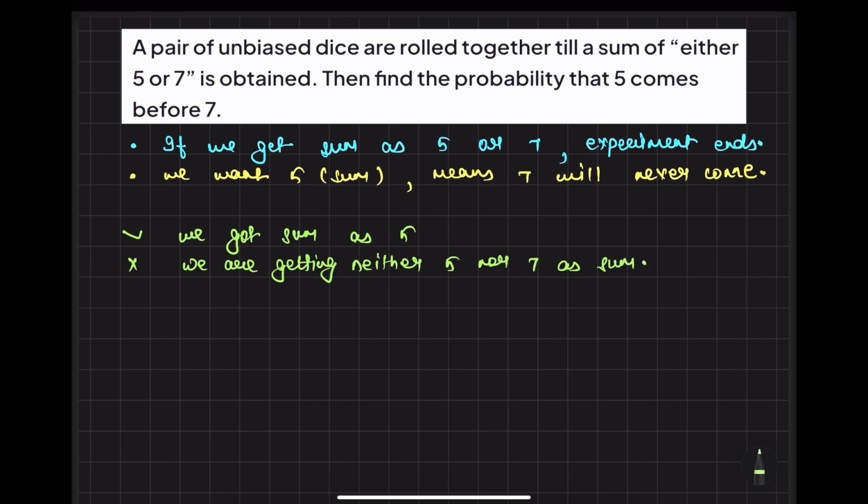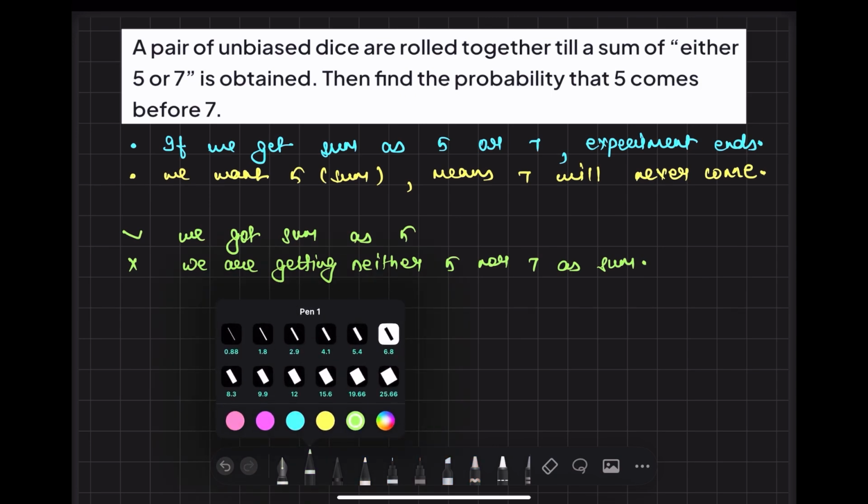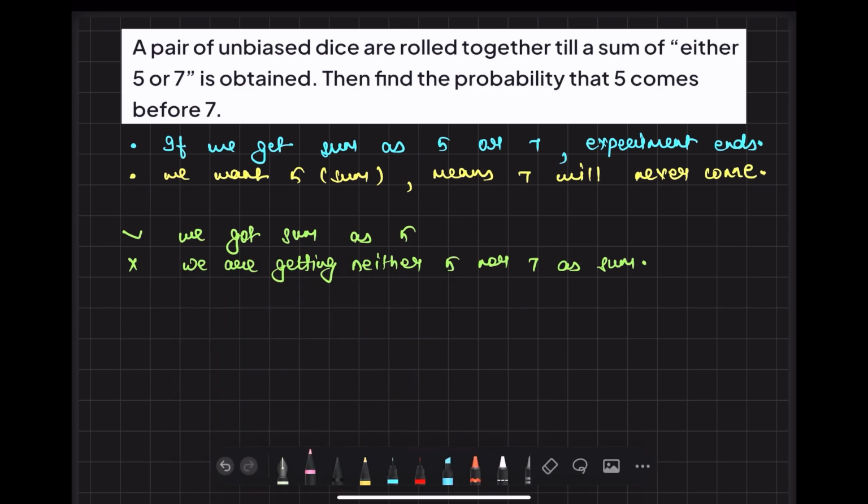Okay, now try to create cases. Suppose that in the first trial you got a sum as 5, so done. Now in the next trial, you are throwing a pair of dice twice. In the first you will not get it, but in the second you get 5. Next you are getting 3 trials. In the 3rd trial, the last one, you want 5, which means before that you cannot have 5, this means neither 5 nor 7.